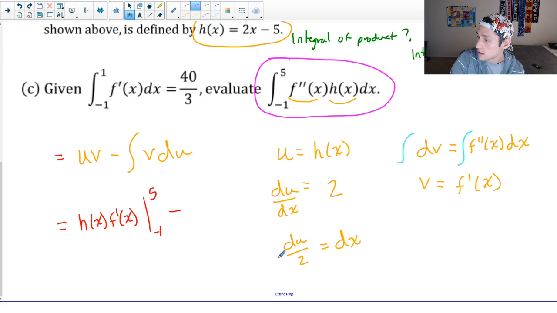minus v du. So minus the integral of f prime of x times du, which du is, well, du over 2 is dx.